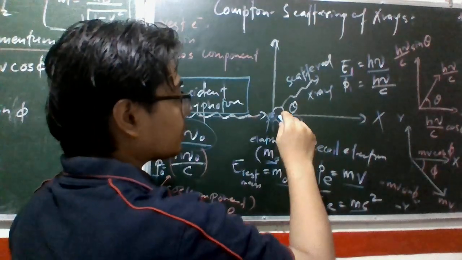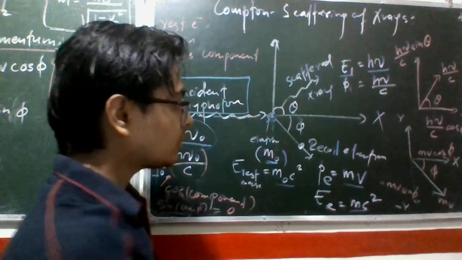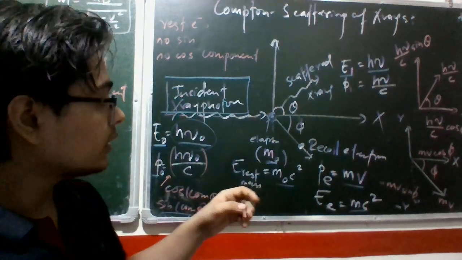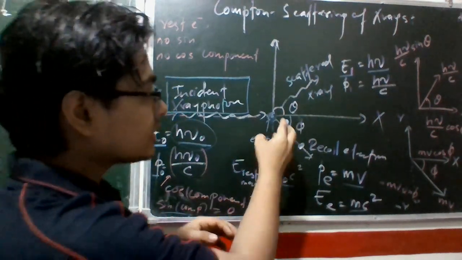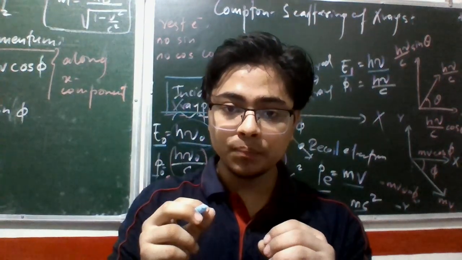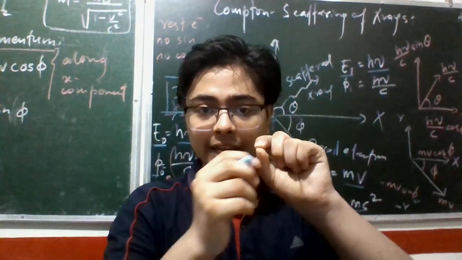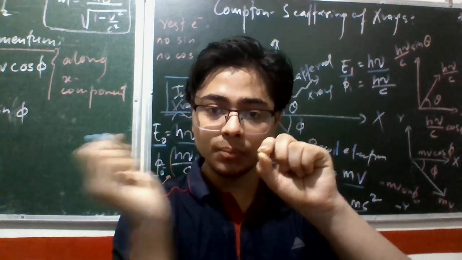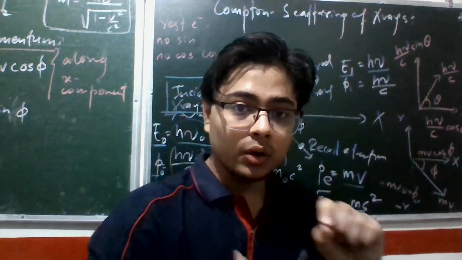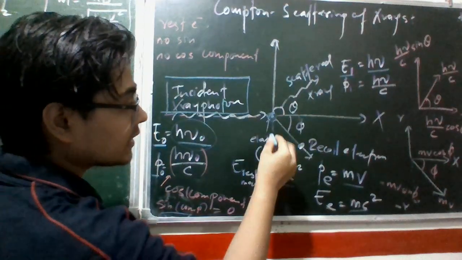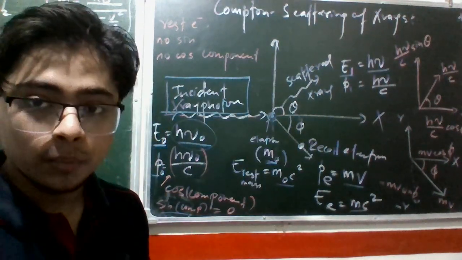Similarly, for this rest electron, since it is at rest, it doesn't have any x component as well as y component. Okay, so both components for this rest mass would be 0.